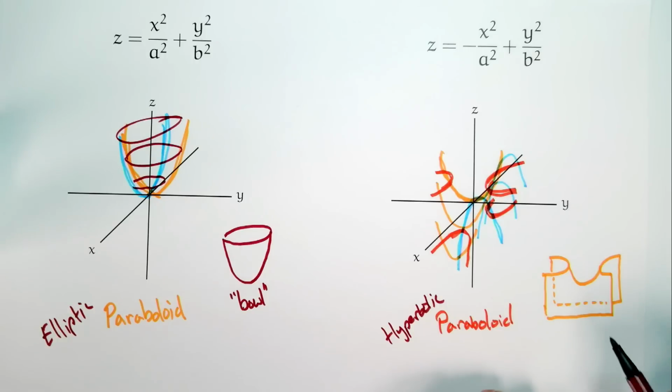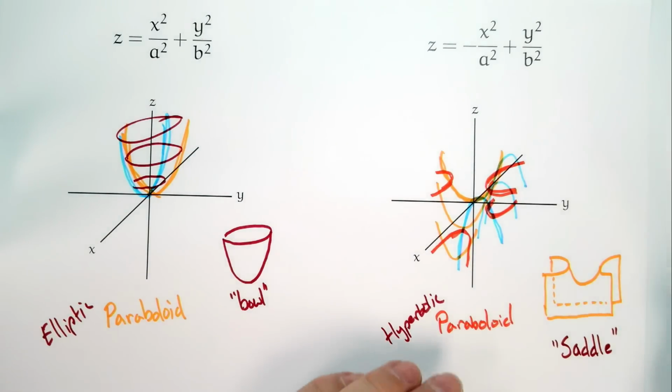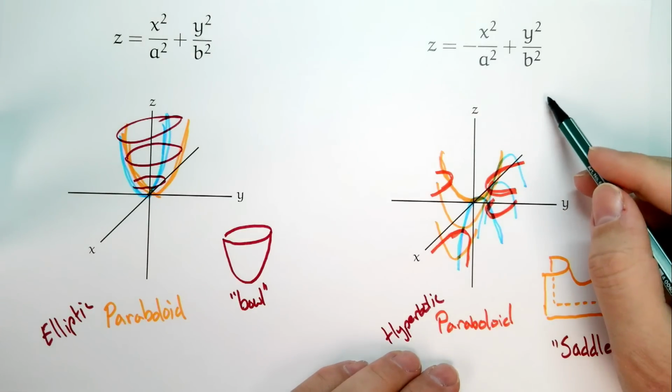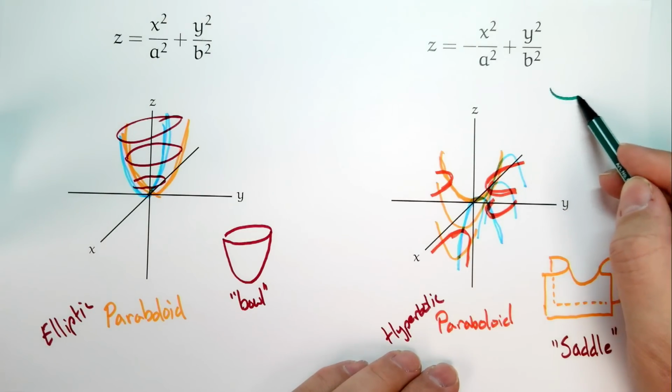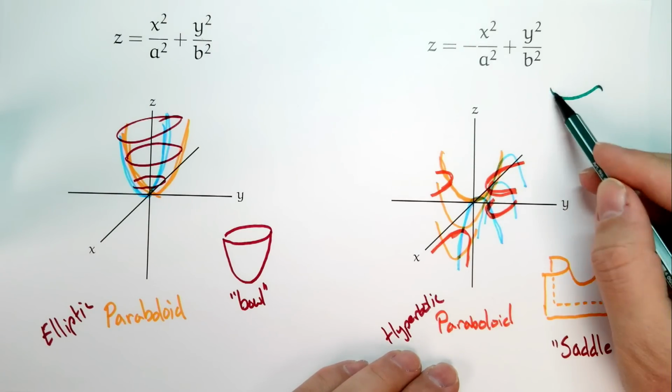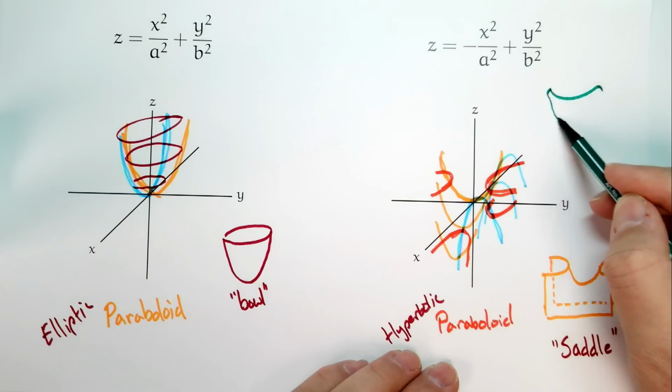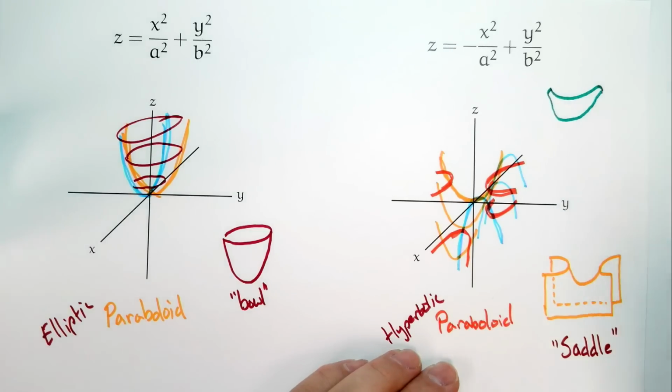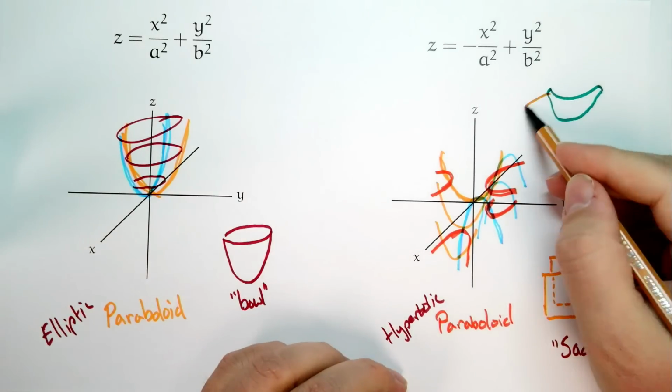And for this one, we're not going to say hyperbolic paraboloid, we're going to say saddle. So, why the word saddle? Well, if you've ever seen a horse, when you ride a horse, there's something that you put on a horse to help you ride it, which is a saddle. And so you can imagine that there's a horse here.